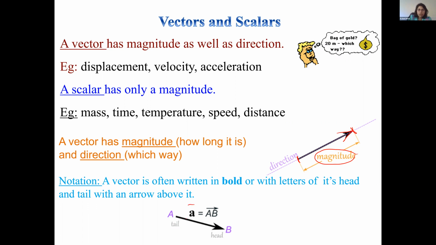Usually a bold letter is the symbol that many textbooks use, and that's the symbol I'm planning to use. In addition, AB is another way of representing it, and some people just use a notation with an arrowhead on top of the letter, but those are just notations to represent the vector. But the important thing is that this end of the vector we call the tail, and this end we call the head of the vector, right?